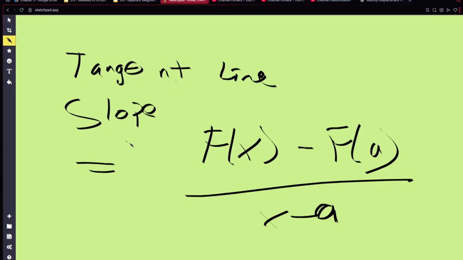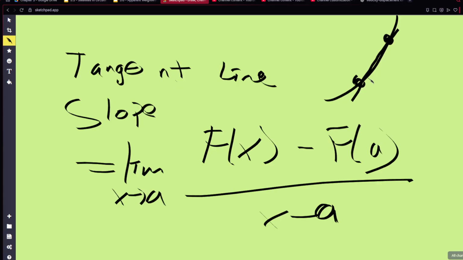But it's going to be the limit as x approaches a, simply because we want to find another point that is really close. Because if we take a parabola here, this will not accurately give us the actual rate of change. But this will give us a lot more accurate rates of change.